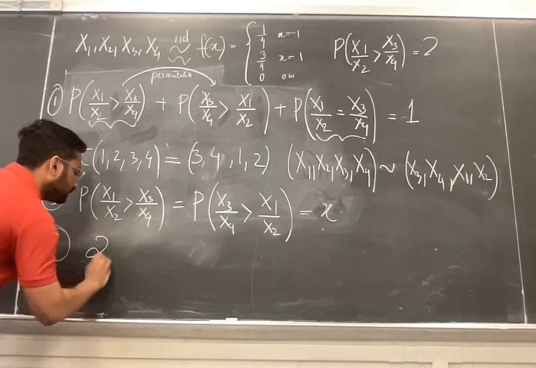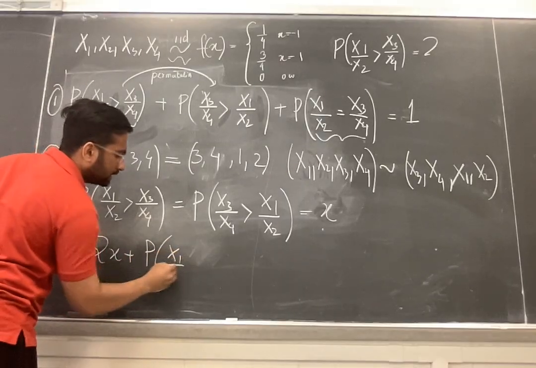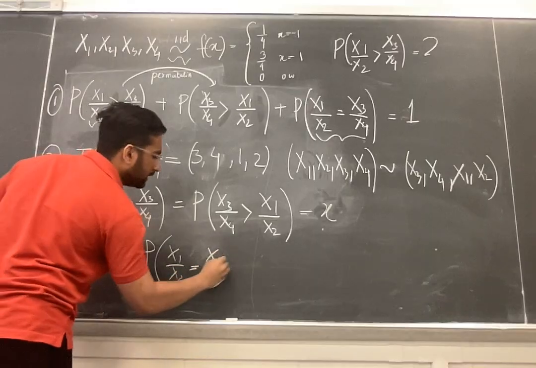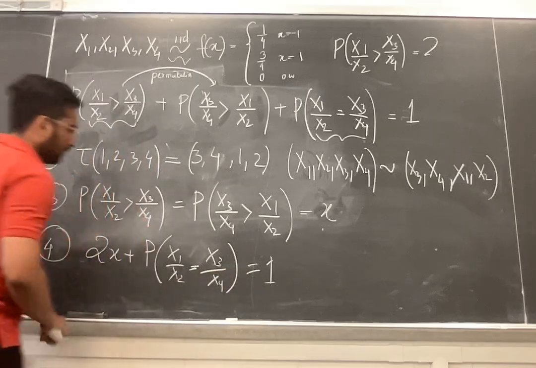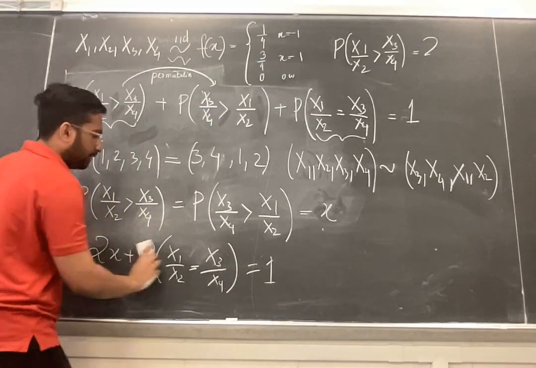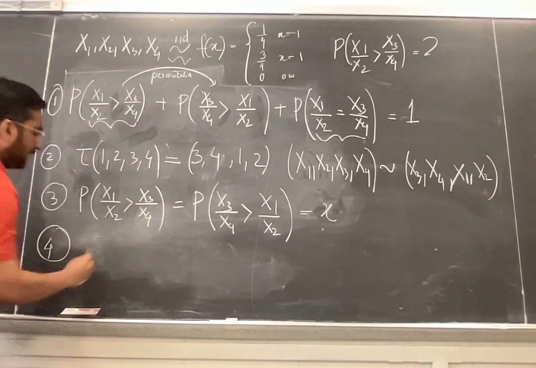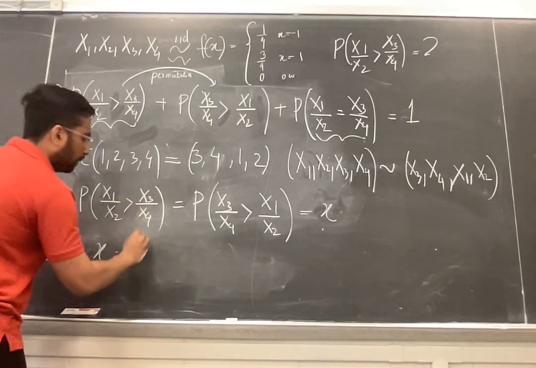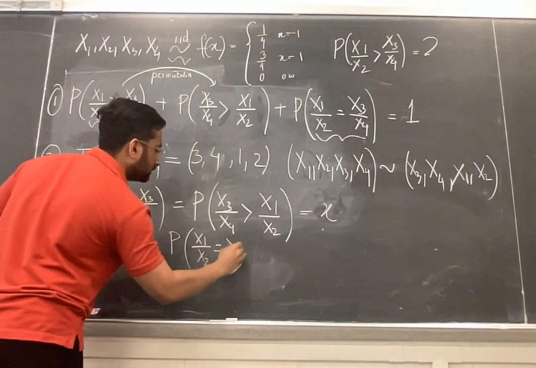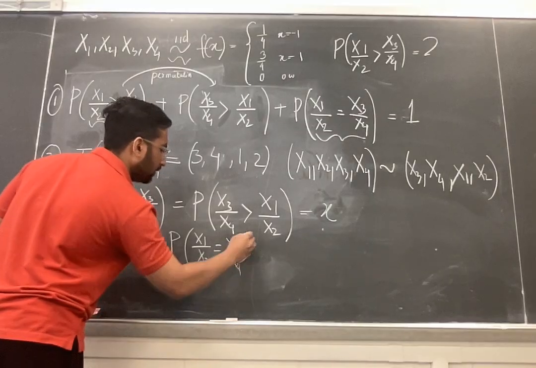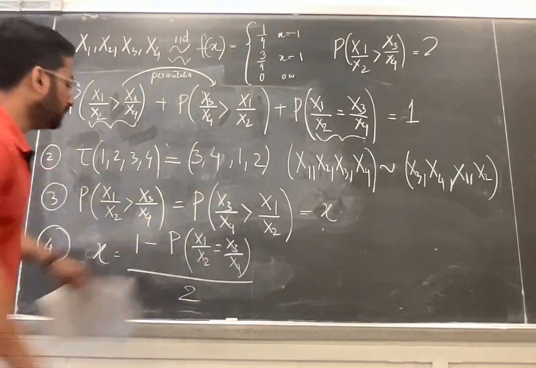So 2x plus the probability that x1 by x2 is equal to x3 by x4 is equal to 1. We can take it to the other hand side to write that x is equal to 1 minus the probability that x1 by x2 is equal to x3 by x4, divided by 2. So therefore x can be represented in this probability term.